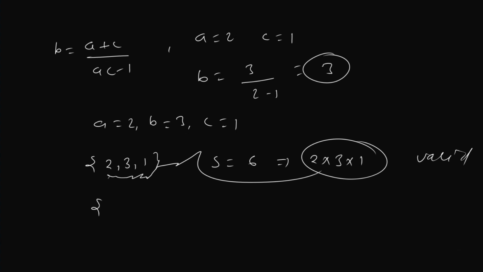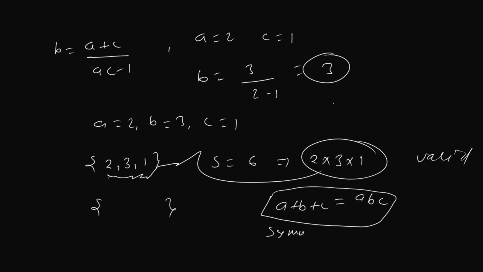Let me talk about one thing. The equation we talked about, this is the condition we found that we have to find to get this one. So this equation is symmetric.